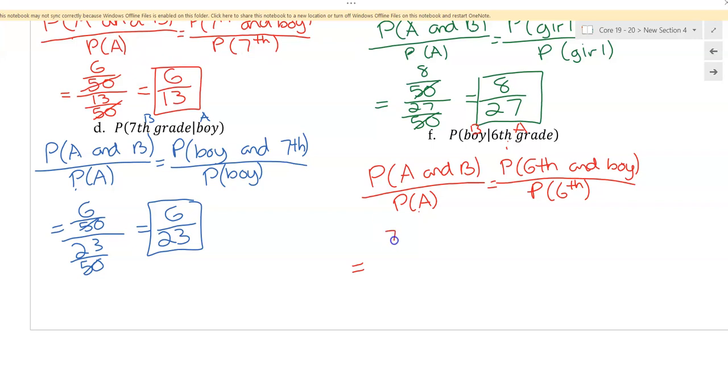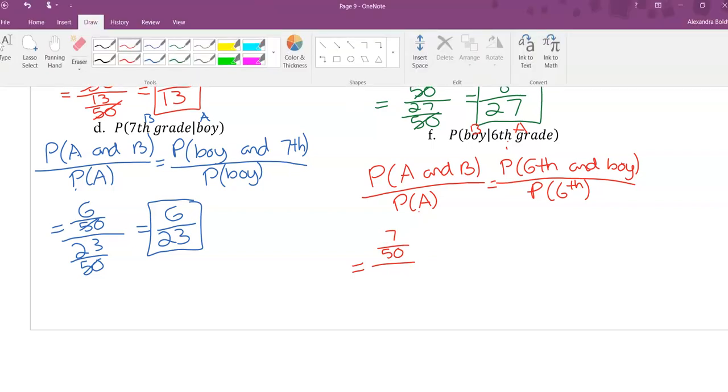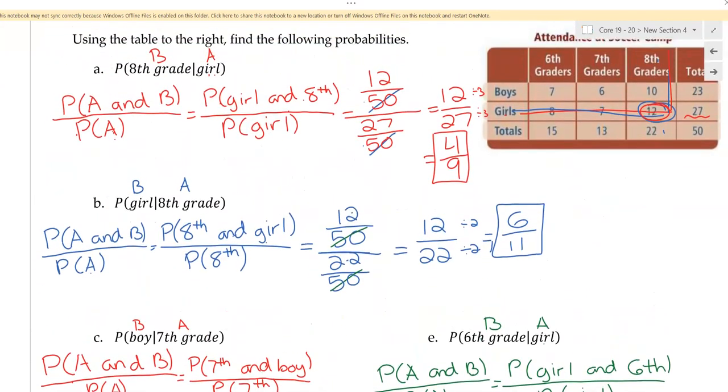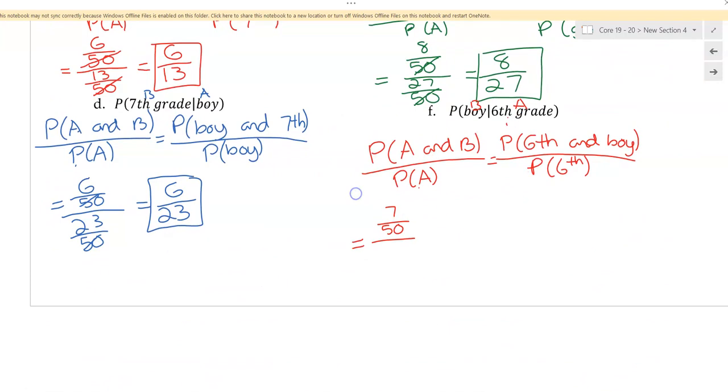So we have 7 out of 50, all over probability of 6th grade, and there are 15 people in 6th grade, so that's 15 out of 50. Which equals 7 out of 15.